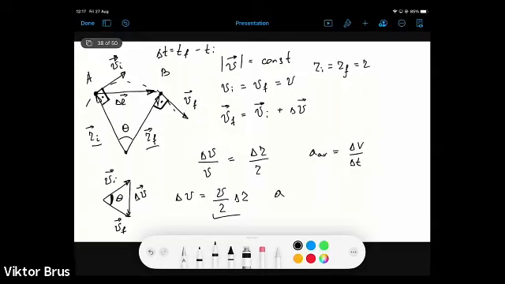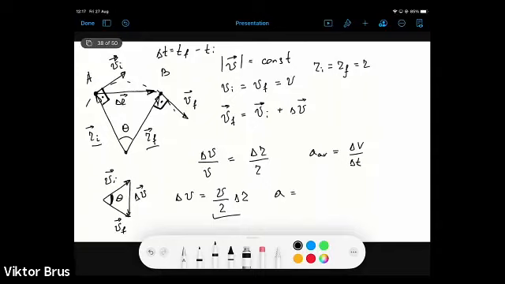Since our motion is uniform circular motion, average acceleration means also instantaneous acceleration, because the conditions of motion don't change with time, it's just constant.